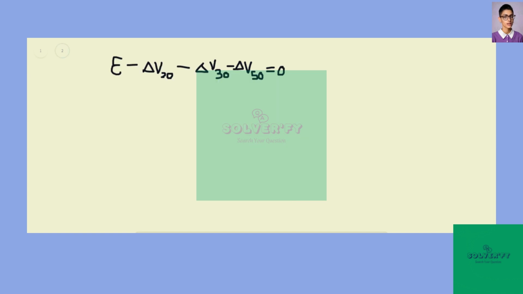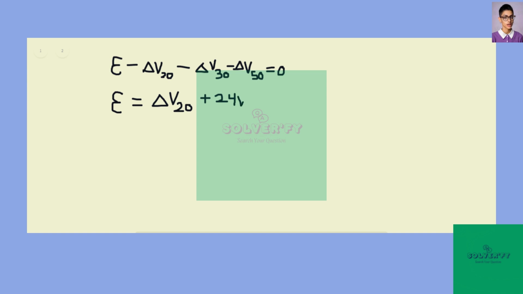So let's just rewrite what we've got here. Let's say, okay, the EMF is equal to, then we're going to move all these voltages onto the other side and make them positive. So this is the change in voltage across the 20 ohm resistor, and then plus that other 24 volts that we had.